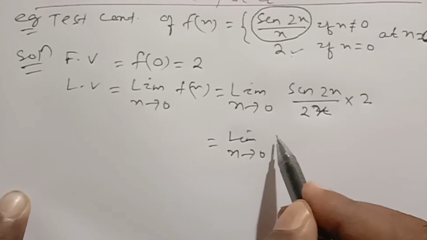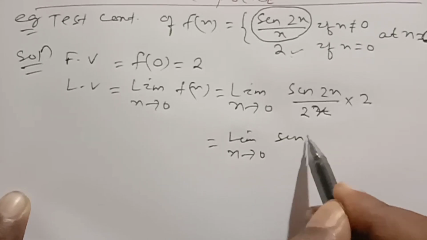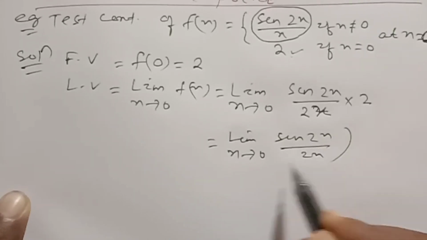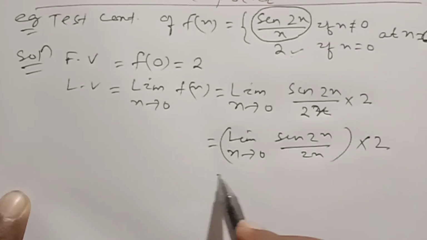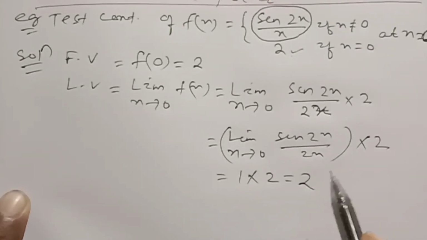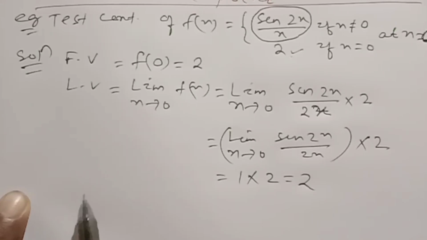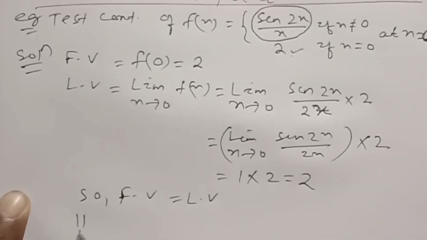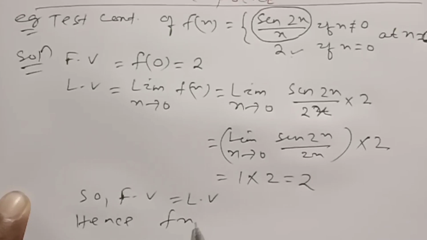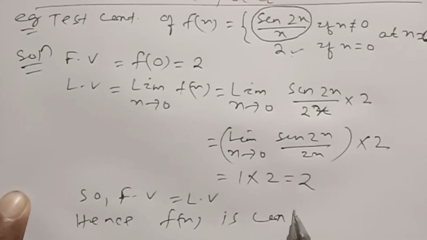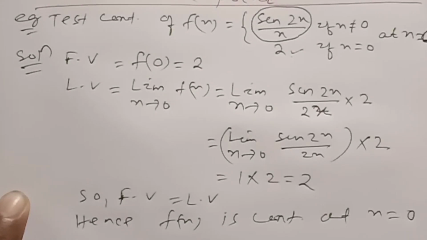So limit x tends to 0 of sin 2x by 2x into 2. So this is 1 into 2 is equal to 2. So functional value is equal to limiting value. Hence that function f of x is continuous at x is equal to 0.